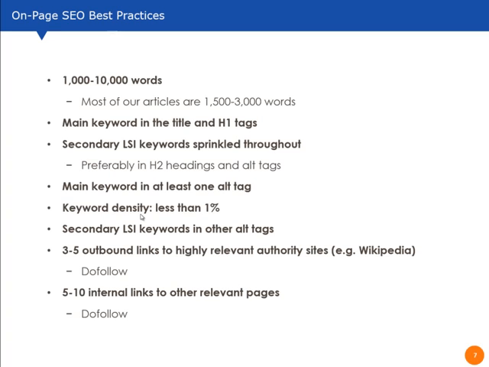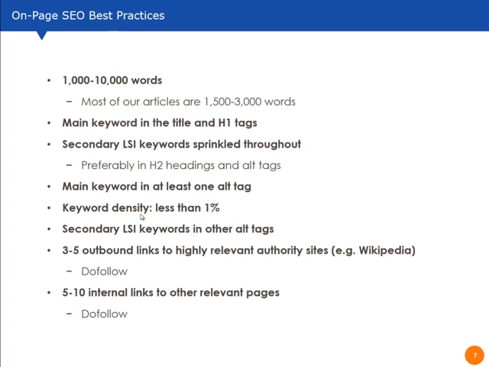So honestly, 2, 3, 4 times throughout the content of your article is just fine. You don't need to use it over and over again. That won't help you. It will actually hurt you if you use it too much. So secondary LSI keywords and other alt tags that you have can help as well.